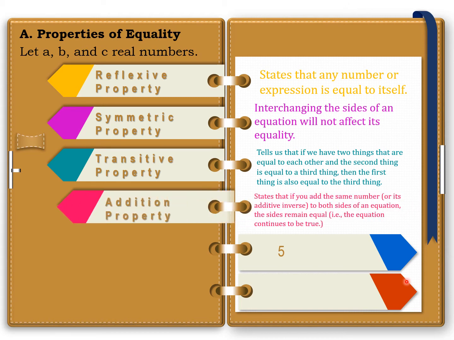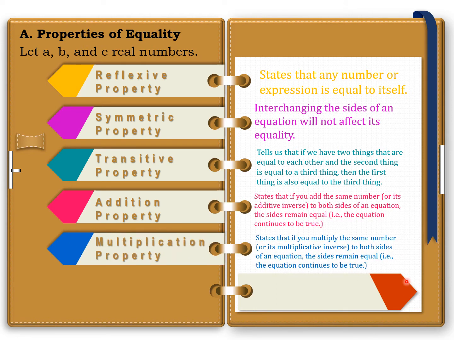Number 4, the addition property of equality, states that if you add the same number or its additive inverse to both sides of an equation, the sides remain equal. The equation continues to be true.